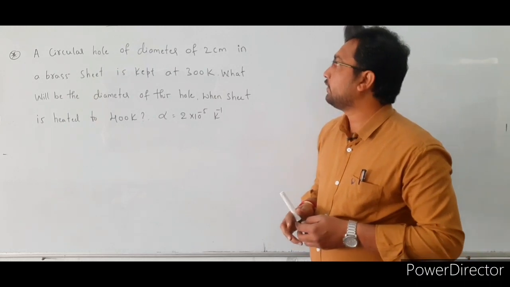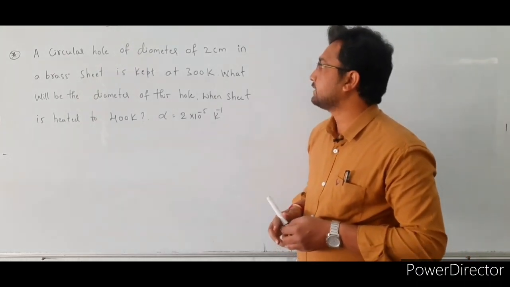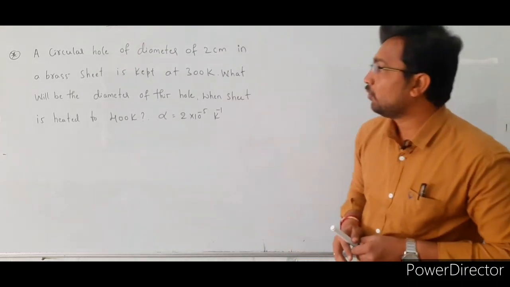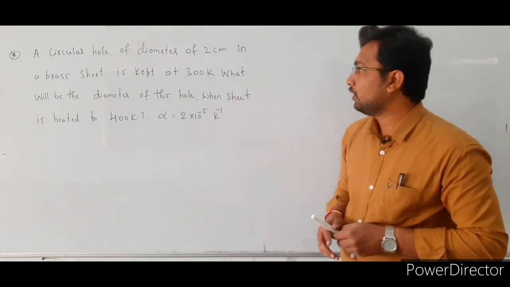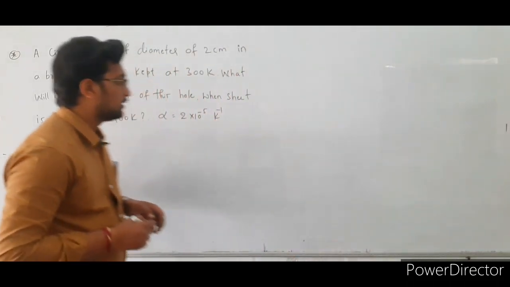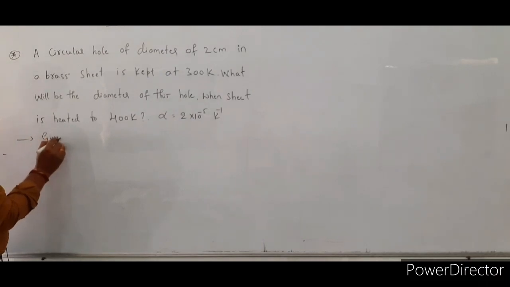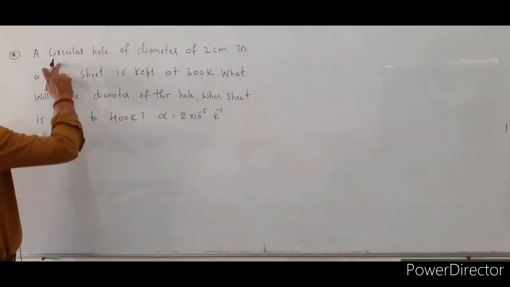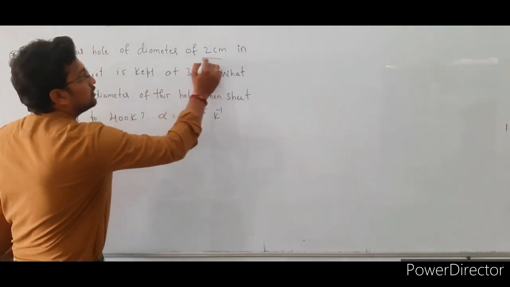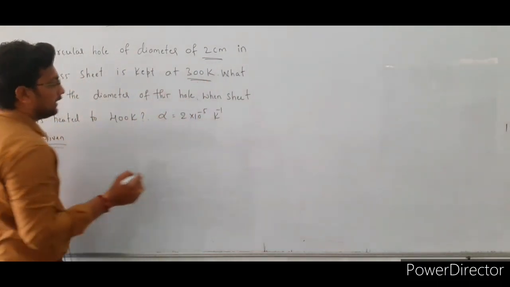A circular hole of diameter 2 centimeter in a brass sheet is kept at 300 Kelvin. What will be the diameter of this hole when the sheet is heated to 400 Kelvin, right? So first write the given terms here. What are the given terms? A circular hole of diameter 2 centimeter in a brass sheet is kept at 300 Kelvin.